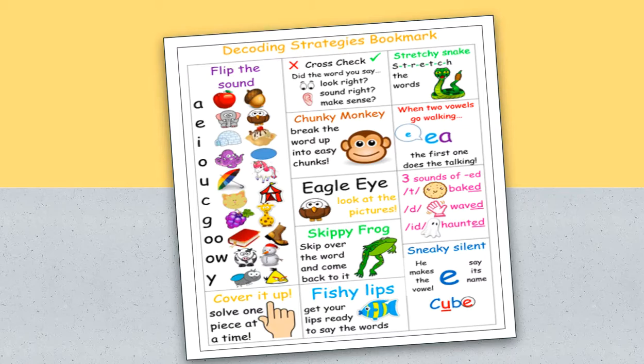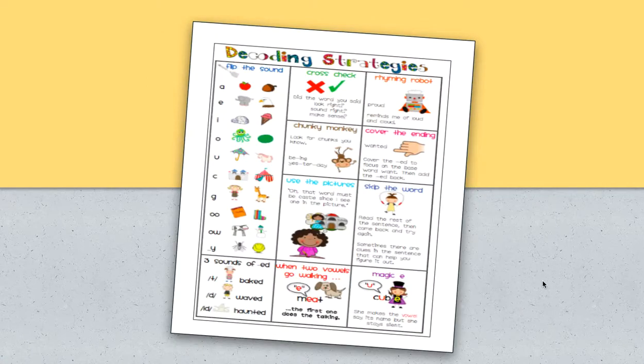Using our picture clues is great for decoding. Skipping over the word and using the context clues to come back to it. Looking for the, I call it elevators, they call it covering up, where you can just look at a part of the word at a time and sound out the parts that you know.